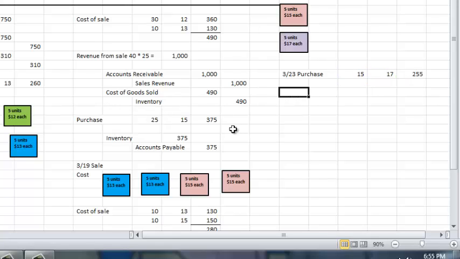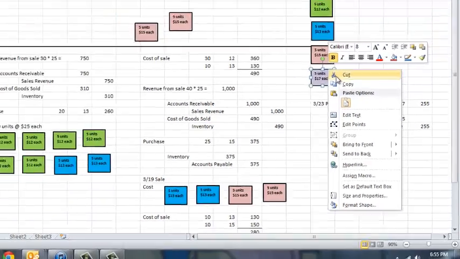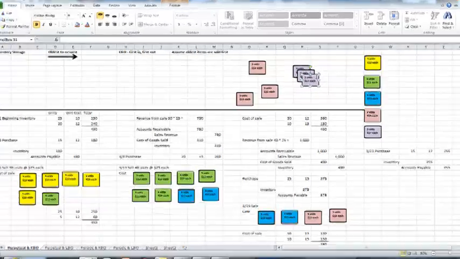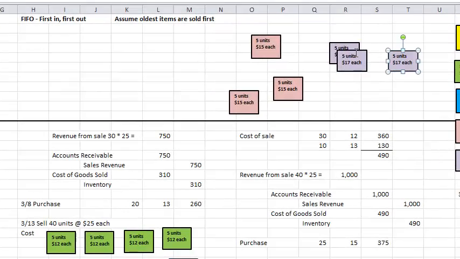And even though I forgot to do that journal entry before, all we need to do is debit inventory for the $255 and credit accounts payable. So we take our $17 units and we've purchased 15 of them. Excuse me, so we paste them 1, 2, 3.